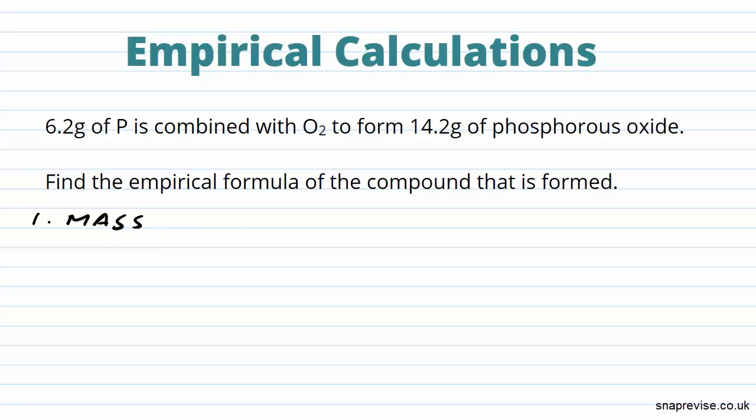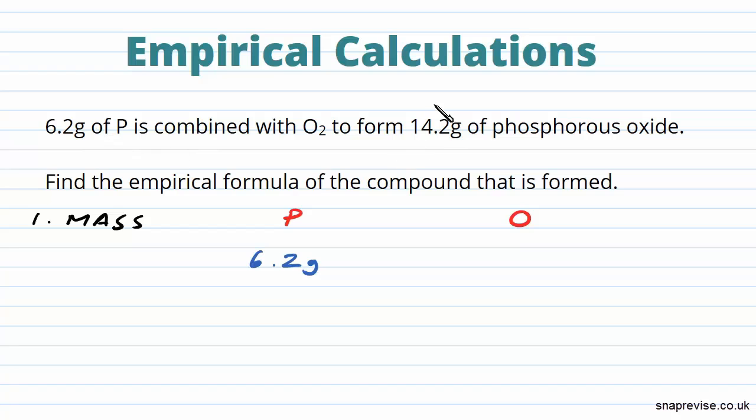So the elements that we have are phosphorus and oxygen, and the mass that we have, I'll write it in blue just to differentiate, as we said here, 6.2 grams of phosphorus. Now, we don't know exactly how much oxygen we have, but we know that when phosphorus and oxygen are combined, we have 14.2.